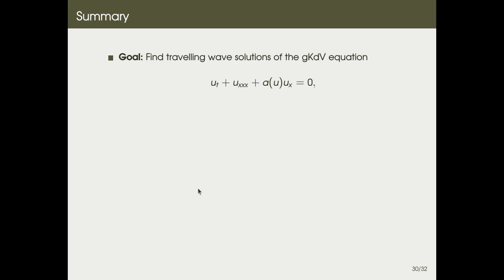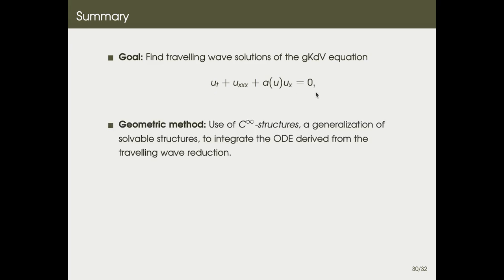So to summarize, we started with the goal of finding traveling wave solutions of the gKdV equation. We have presented a geometric method which uses the notion of infinity structure, which is a generalization of solvable structure, and we have shown how it can be used to integrate the ODE deriving from the traveling wave solutions of this PDE.